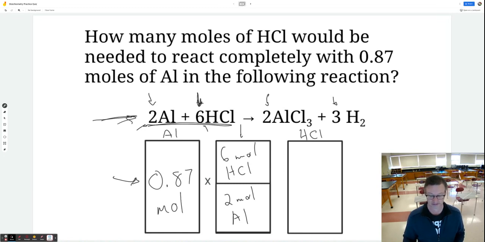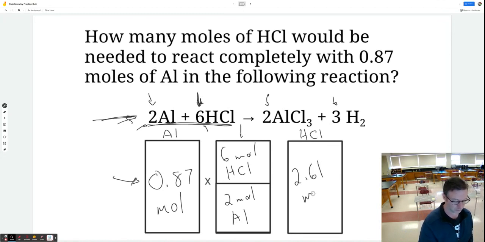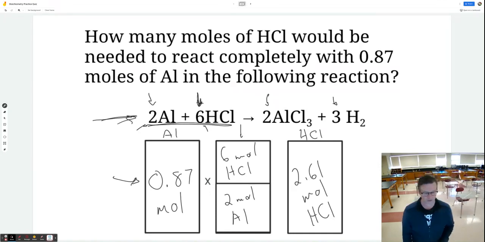So 0.87 times 6 over 2 is 2.61 moles of HCl. Okay, so if you start with 0.87 moles of aluminum, you need 2.61 moles of hydrochloric acid to go with it. That will give you the right ratio to complete the reaction.